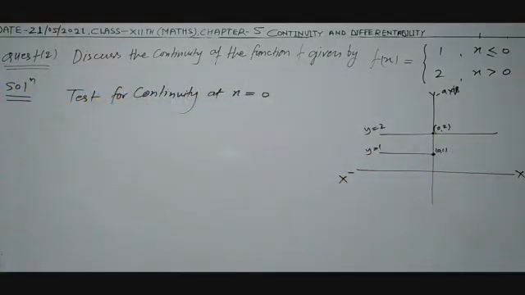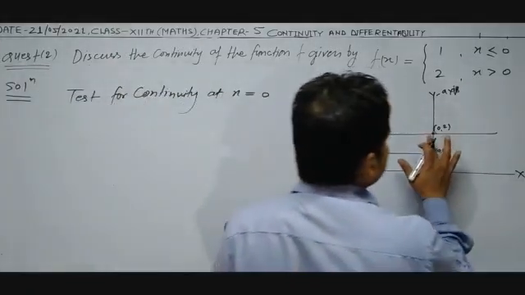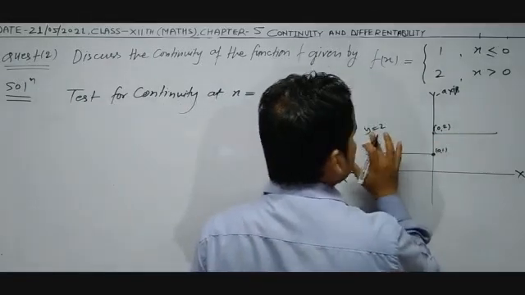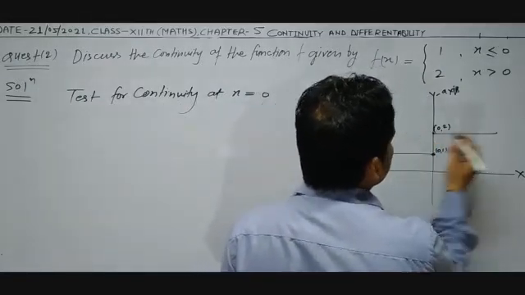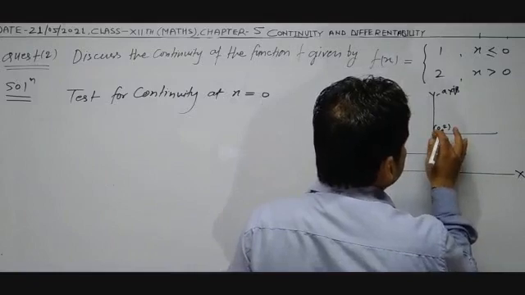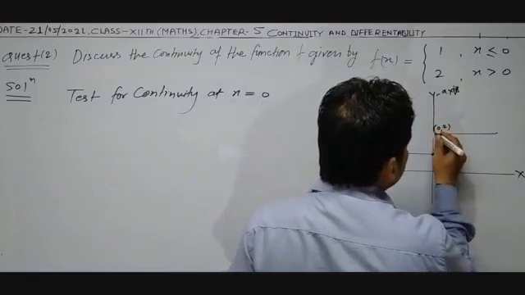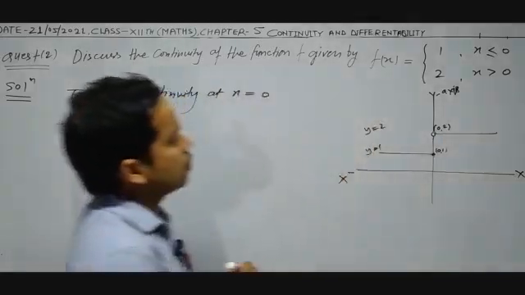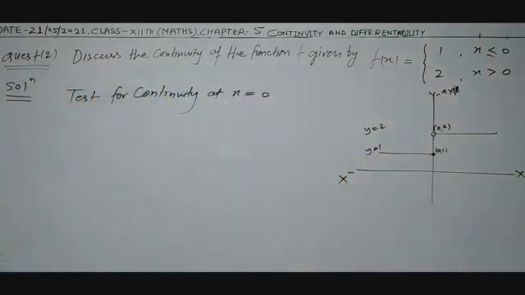And y is equal to 2 for x greater than 0, which means 0 is not included, so this will be a hole here. So this is the graph.